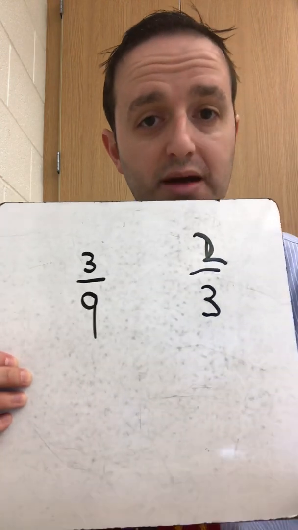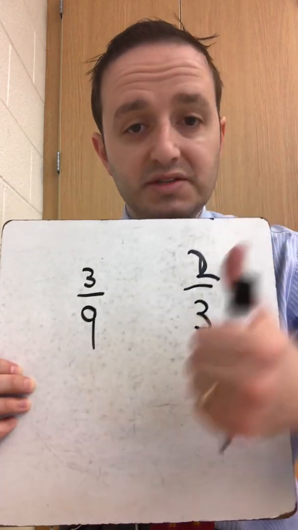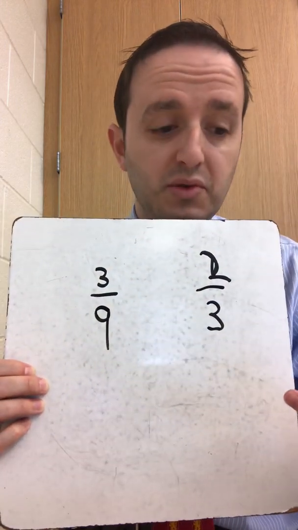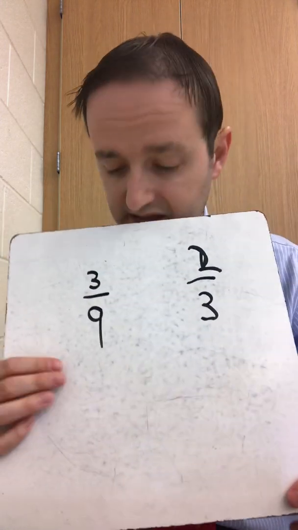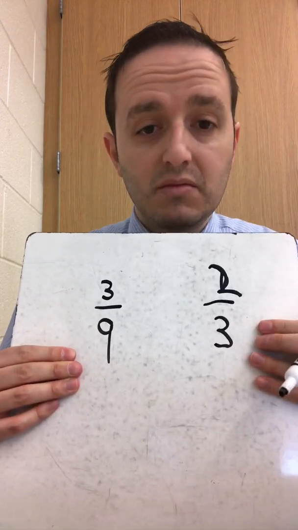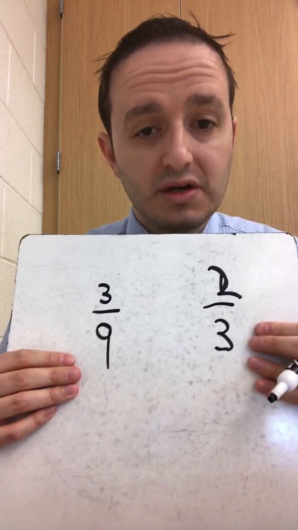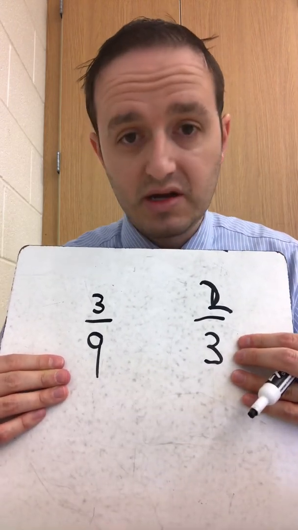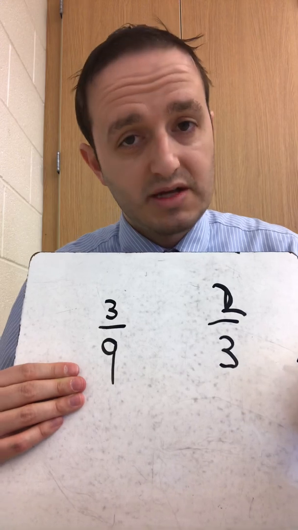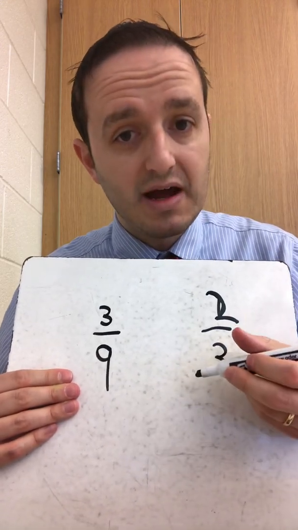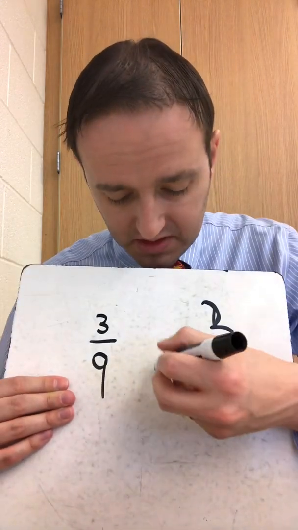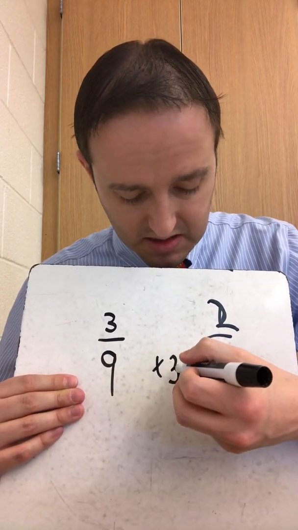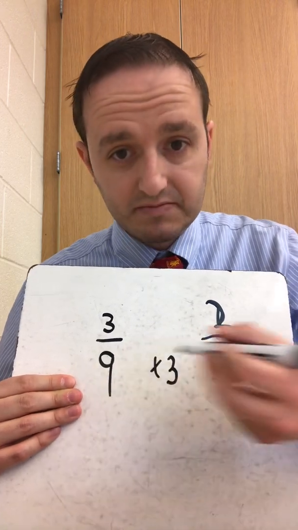So our third step: if they don't have the same denominator and don't have the same numerator, then we need to see if they have a common multiple in the denominator. Here's a 3 and a 9. Which is smaller, 3 or 9? It's definitely my 3. Then we ask ourselves, can 3 go into 9? Well, we know it can, 3 times. So 3 times 3 is 9.